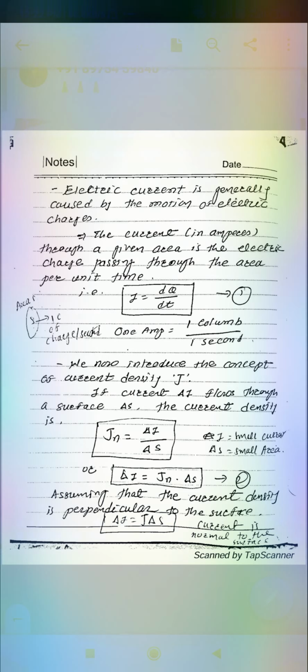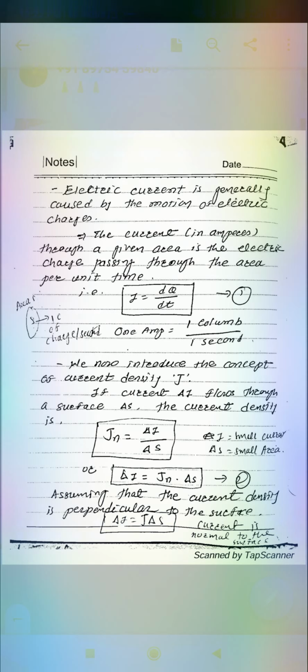The definition of the current is, in a given specified area, the electric charge passing through it per unit time is said to be current.